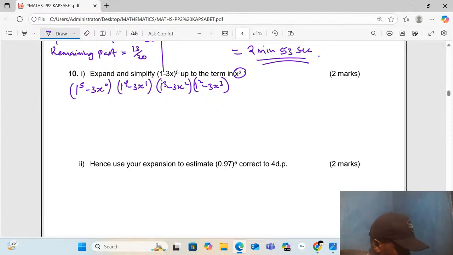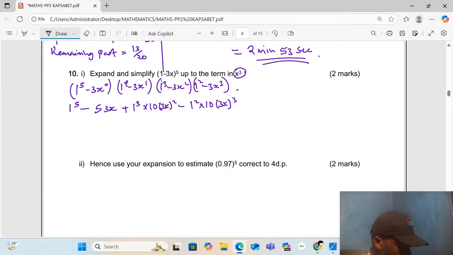Then we now insert the coefficients, so that we have 1 power 5, then minus 5 times 3x, then plus 1 cubed times now 10 times 3x, that is now squared, minus, now we shall have 1 squared times 10 times 3x cubed.